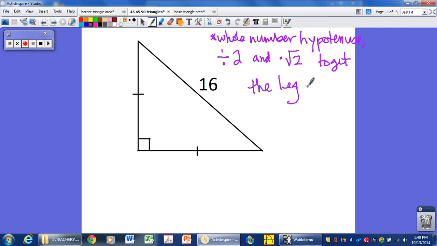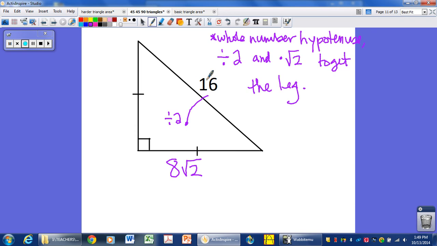Okay, always, which is why these are special, because it always has this relationship, and it's only good in a 45, 45, 90 triangle. No other triangles in the world have this relationship except for 45, 45, 90s. So we have to divide it by 2, so 16 divided by 2 is 8, and we have to multiply by root 2.